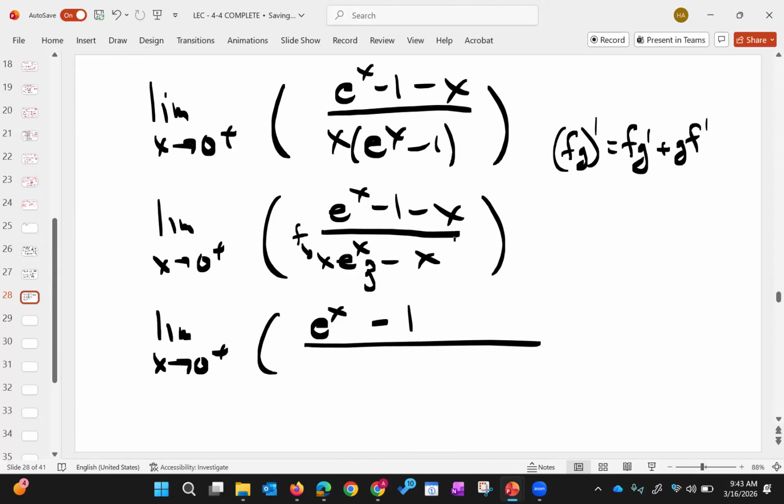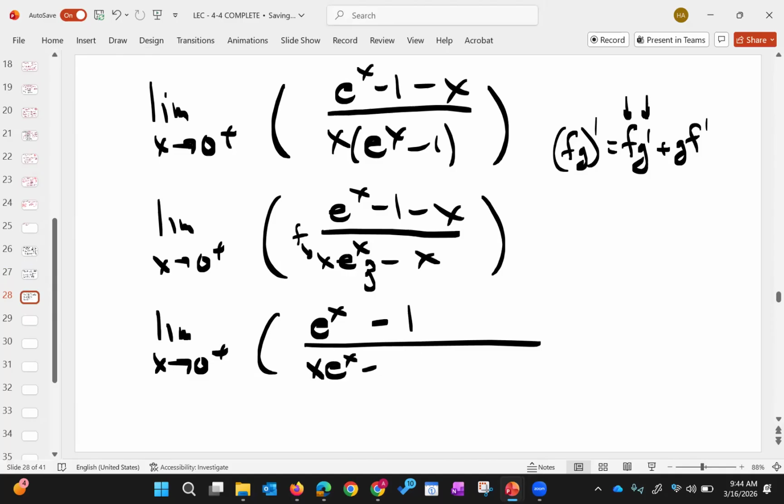The f function stays itself, times the derivative of the g function. This is x. The f function comes down, no derivative taken, and then the derivative of e to the x, which is just e to the x anyways.